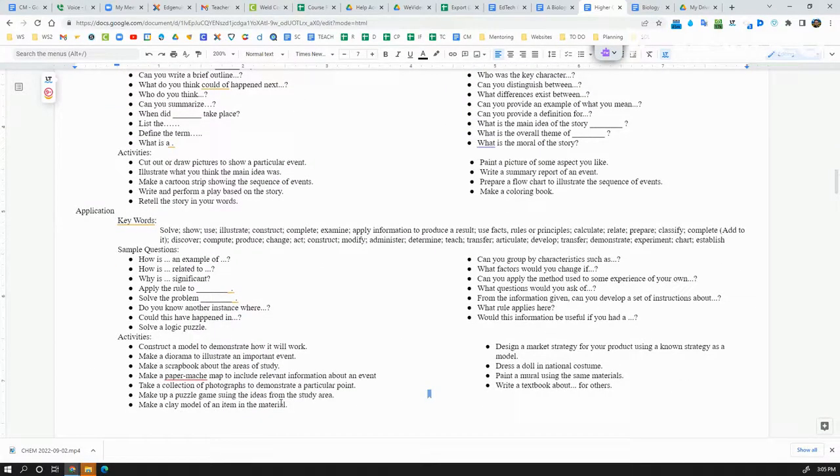So application. That asks you to solve, show, illustrate, construct, examine, right? Calculate, complete, compute, produce something, act, modify something, right? So an example could be this. What is the significance of the mitochondria for the cell?